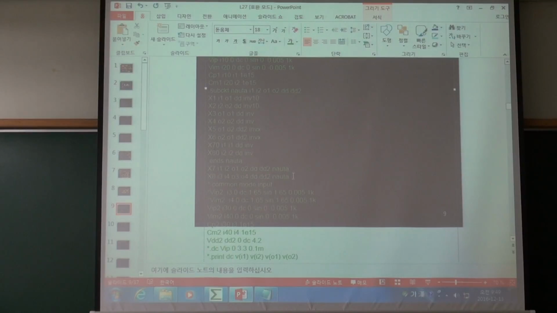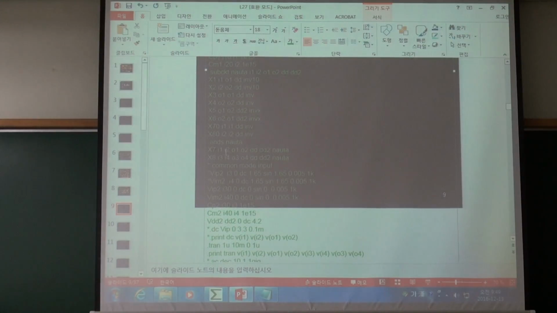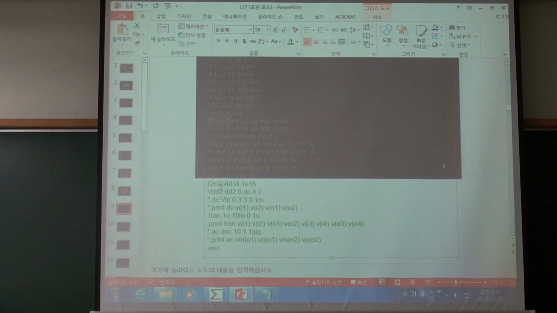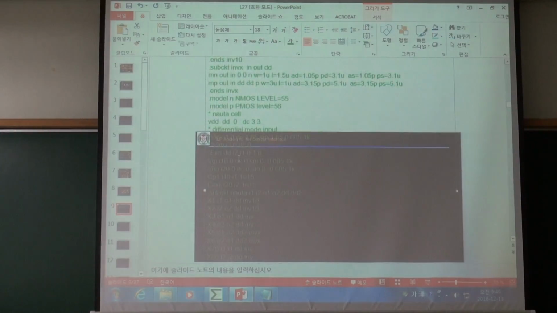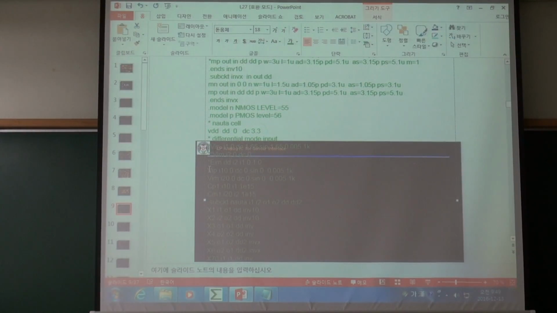Actually, I have two nota cells here, right? So for X7, I will apply differential mode input. For X8, I will apply my common mode input, right? So that's okay. So this I1, I2 is connected to this differential mode input, yeah, here, through capacitors.